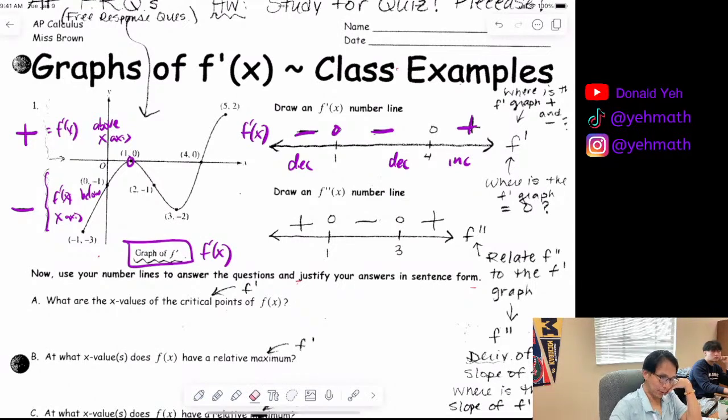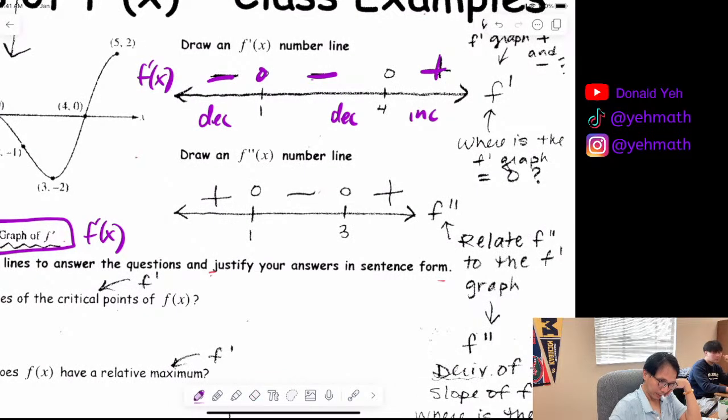The second one is kind of harder. So f double prime of x is equal to the slope of f prime of x. Slope means you are taking the derivative of f prime of x, so if I take the slope of f prime of x, that gives the double prime.